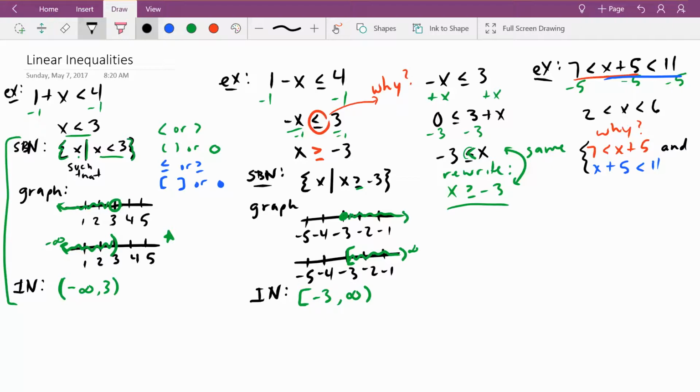Both of those are true. And we could see, if we did this first one, subtract 5 on both sides, we'd have 2 less than x, which is here. And the second one, subtract 5 on both sides, x is less than 6, which is here. So it doesn't matter if you prefer to split it into 2, that's fine. If you want to do it all at once with these compound inequalities, that works as well.